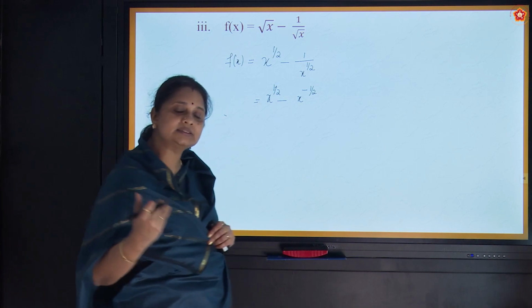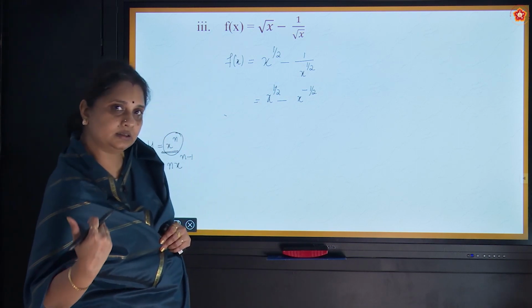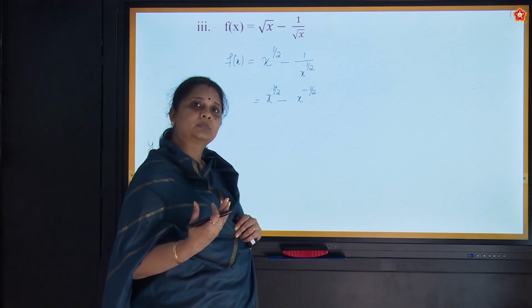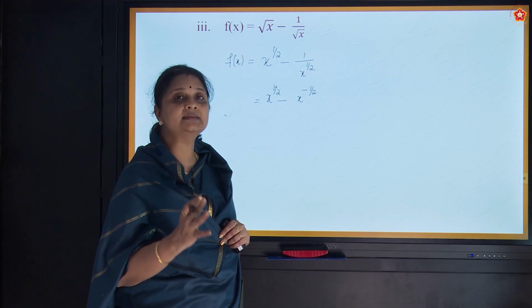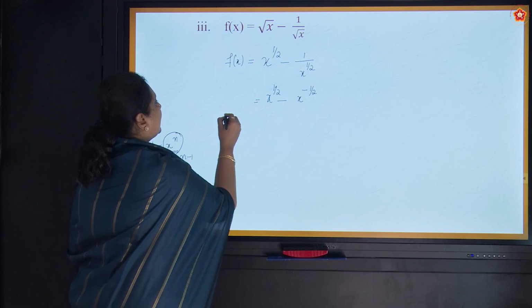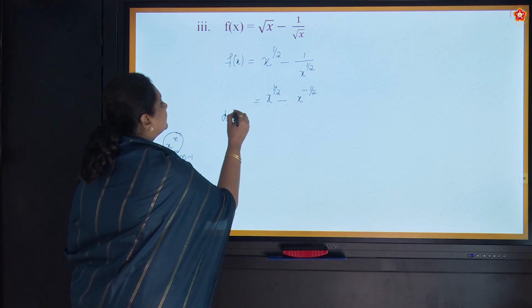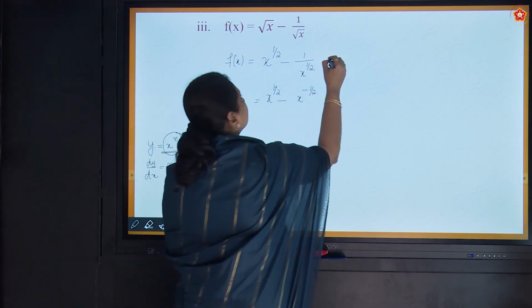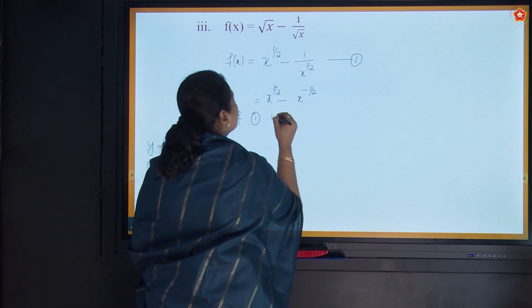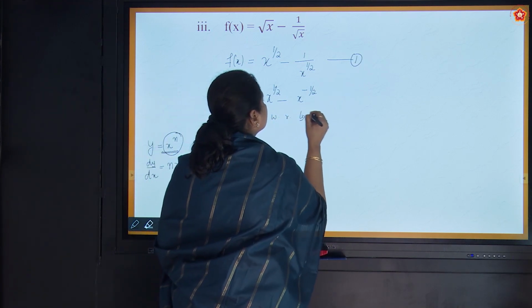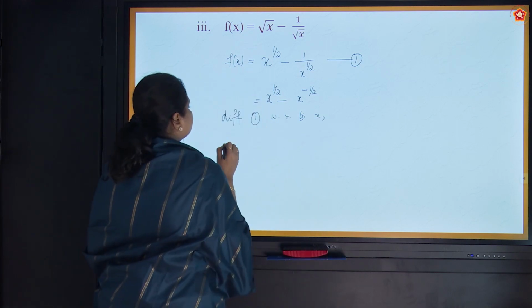Always remember, first rewrite the function in a convenient way for you to differentiate. Then start differentiating. So when I differentiate the function with respect to x, what do I get?